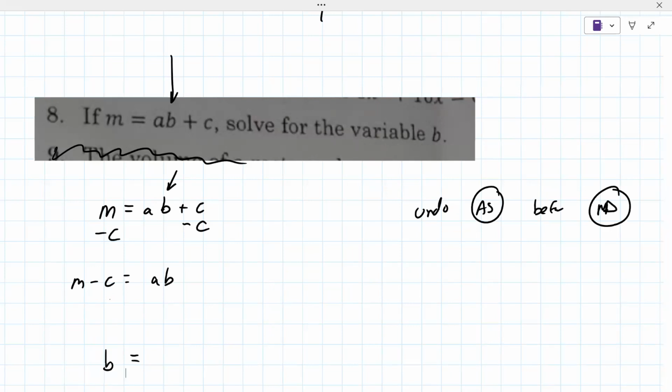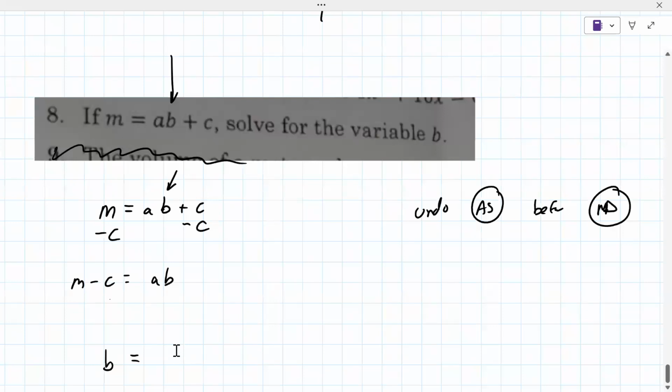B equals M. Keep going. What's that operator in between there? Oh, M minus C. Okay.